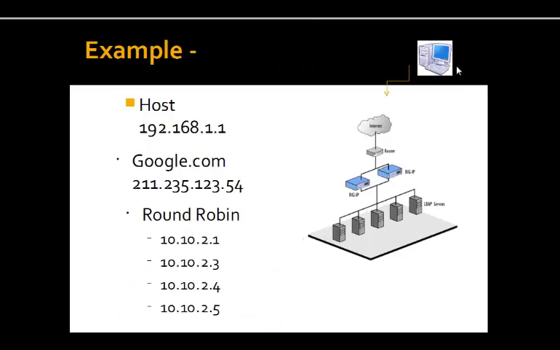So here we have an example of a pool, virtual server, and a node. The virtual server, what would that be in this representation? It would be google.com with an IP of 211.235.123.54.